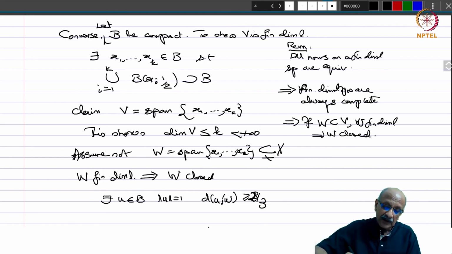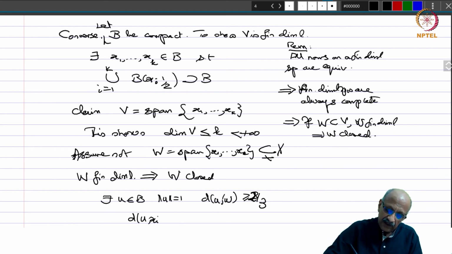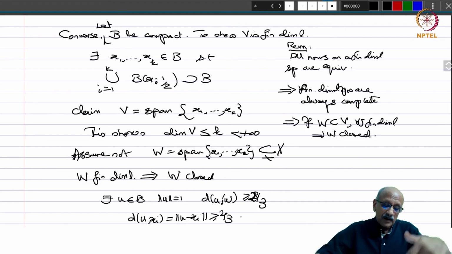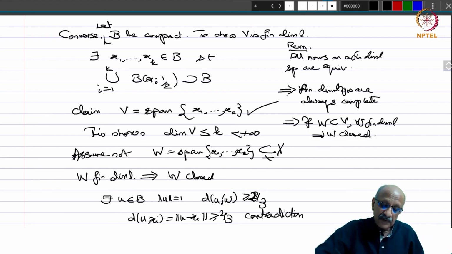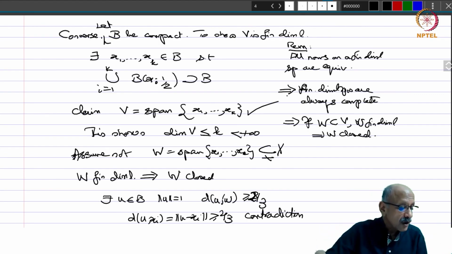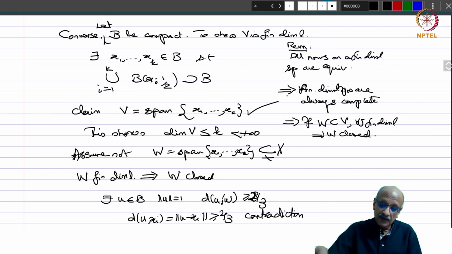In particular, d of u from xi, which is norm of u minus xi, is greater than or equal to 2 by 3. But the entire B is contained in the union of the balls of radius half with center xi, so this is a contradiction. Therefore, the claim is established and we have shown that this is true.